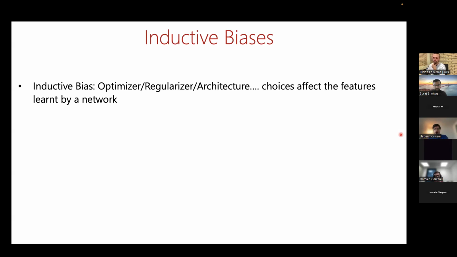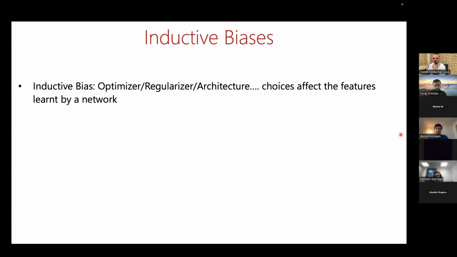This could be the optimizer choice, or the regularizer choice, or basically the architecture which we use. All of these things have some effect on the final features learned. So this is basically called an inductive bias.